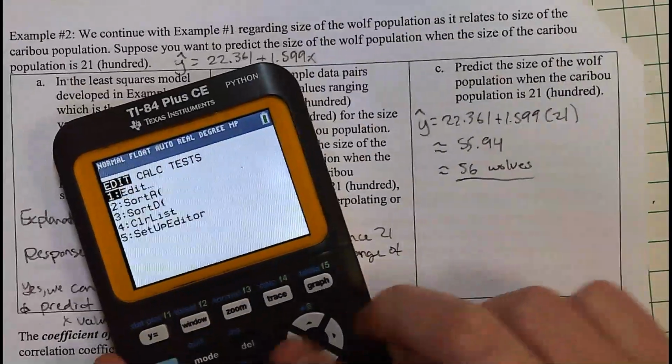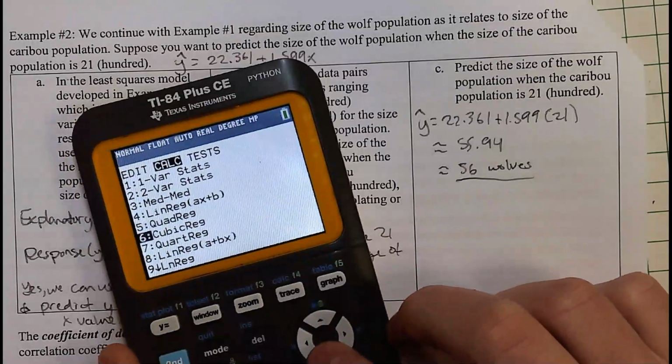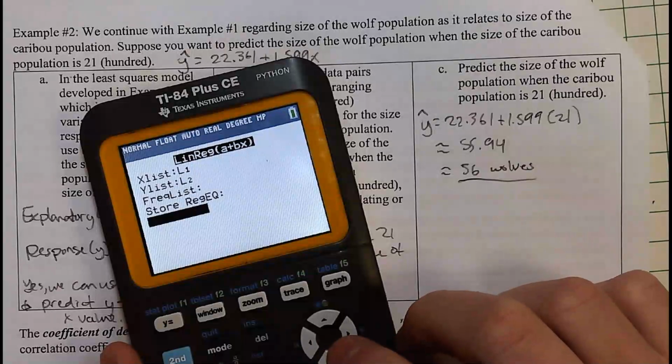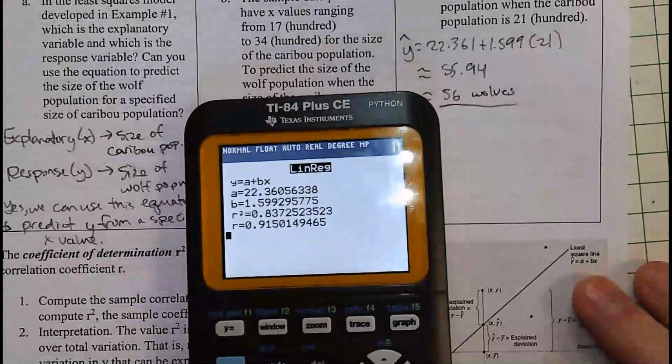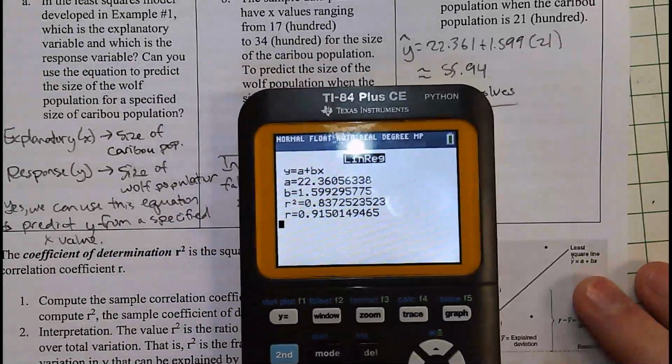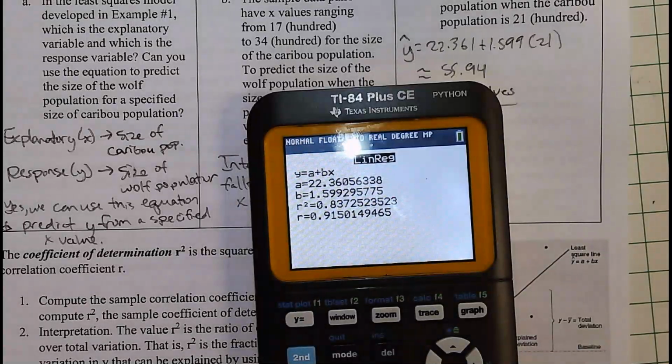Now, one thing I did not cover, and I'm going to talk about this in the homework as well, was r squared. R squared is the coefficient of determination, so 0.837. By the way, you never ever express r as a percent, but you often express r squared as a percent.